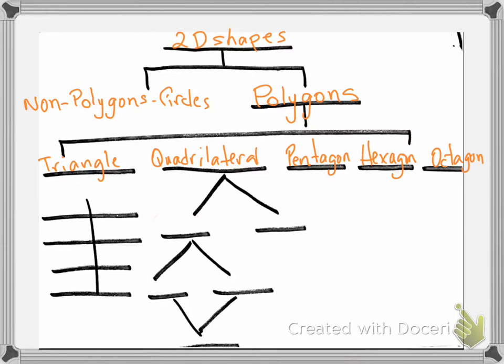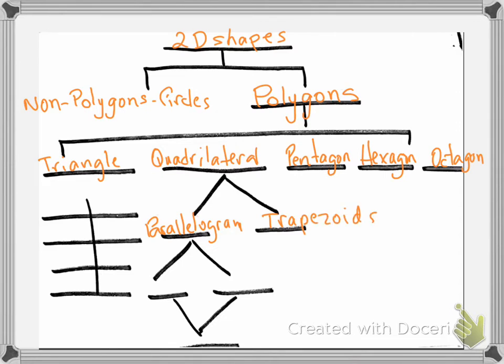So quadrilaterals can be divided into groups. If a quadrilateral has two pairs of parallel lines, we call it a parallelogram. If a quadrilateral has only one pair of parallel sides, we call it a trapezoid.